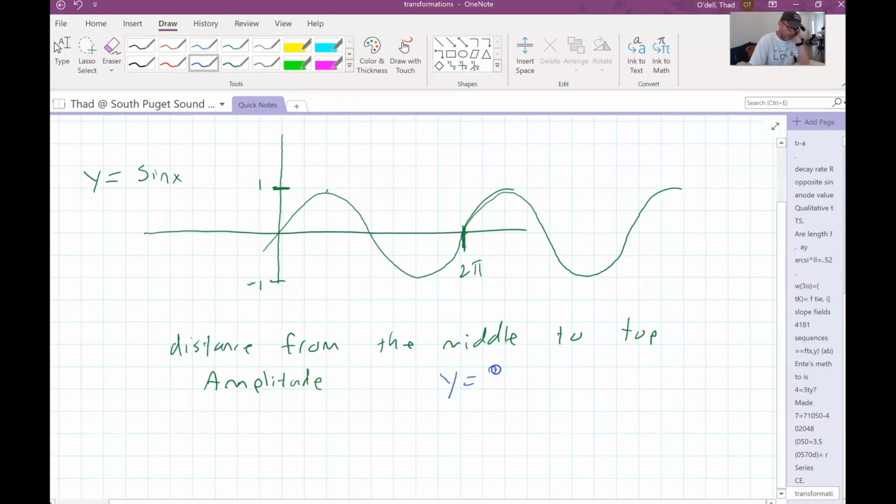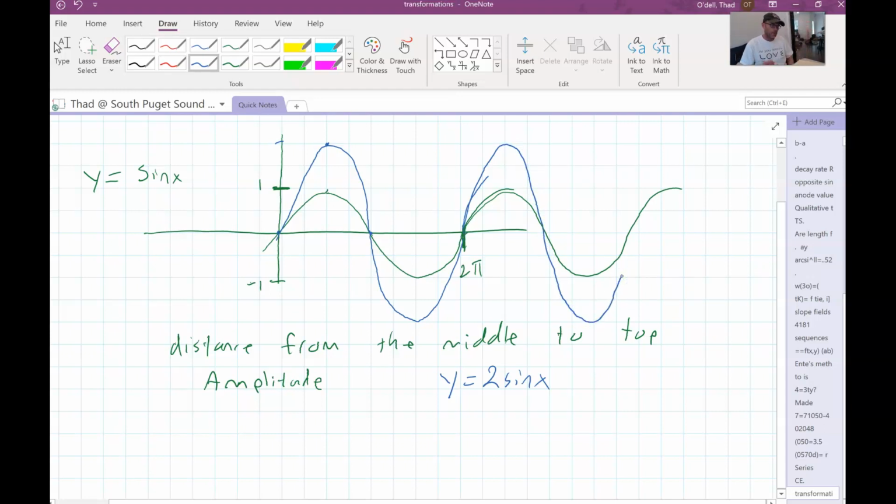So if I wanted to graph y equals 2 sine x, I know that instead of going up to 1, it's going to go up to 2. But this won't change, because anything that's on the x-axis is not affected by a vertical stretch, right? So we'll come back to here each time, but we're going to go up higher, come and go down lower, but still go through 0 at the same place.